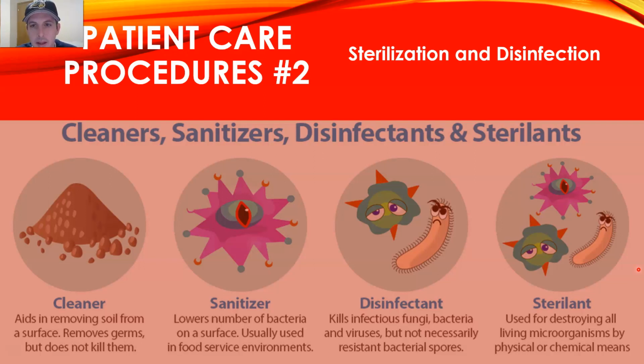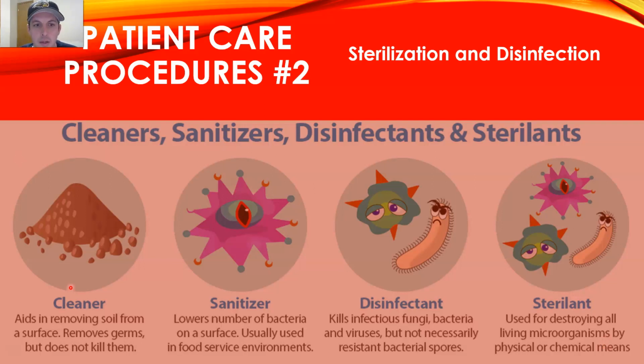And so in the second half, we're going to specifically look in more detail regarding how we can go about doing that. And we're going to focus now on these four things here: cleaning, sanitizing, disinfecting, and sterilizing.